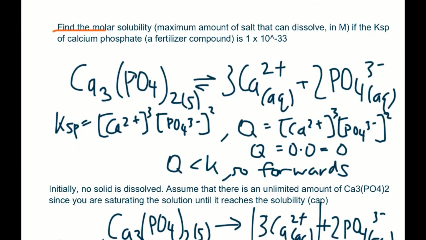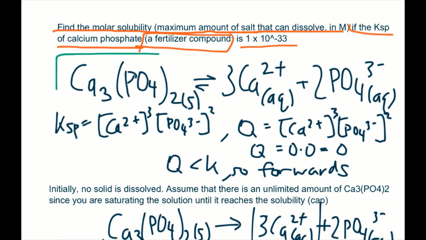Let's try to find the molar solubility, or in other words, the maximum amount of salt that can dissolve in M. If the Ksp of calcium phosphate, which is a fertilizer compound by the way, is 1 × 10⁻³, well, we can write our reaction for Ksp by having this solid.